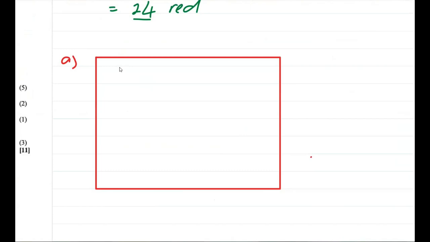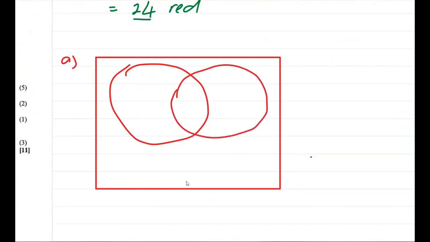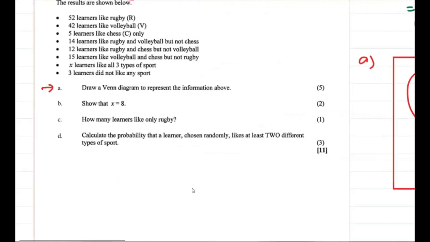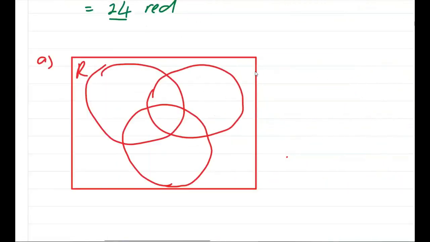Don't hesitate on that. If it comes out that there's no such learner, then just leave it open. That just means there's nothing there. So go and draw the circles like this. And we're going to call this one rugby, volleyball, and chess.